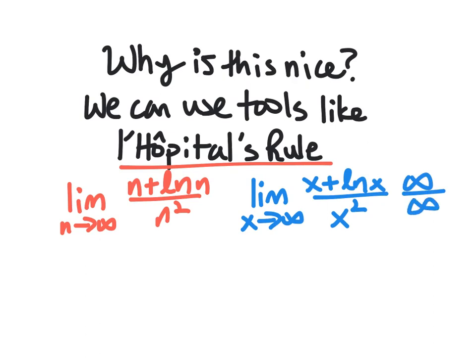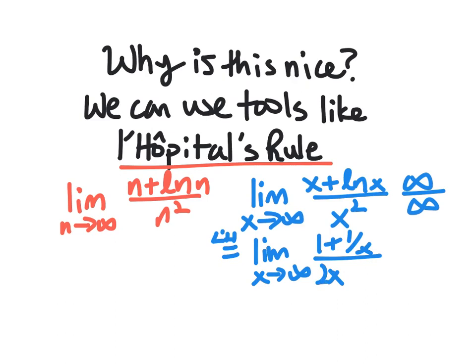So I use L'Hopital's rule, and I get the limit as x approaches infinity of 1 plus 1 over x, over 2x. This top is going to 1, because 1 over x goes to 0. The bottom is going to infinity, so this is going to go to 0. And once I know that, by the theorem, the sequence must also approach 0.